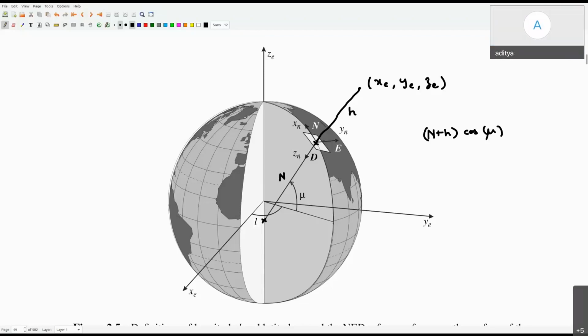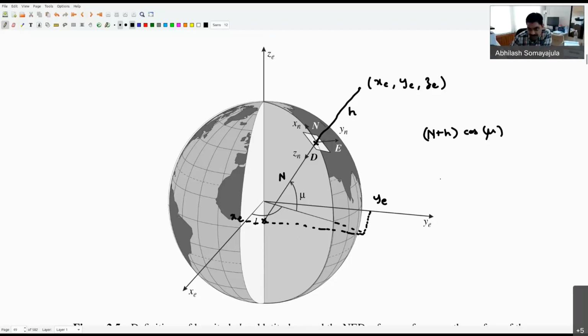Now that projection along this line will have two components. Let's say if I made the projection, my point comes out to be somewhere here. So when I project that into the y-axis and that into the x-axis, that will be my ye and that will be my xe.